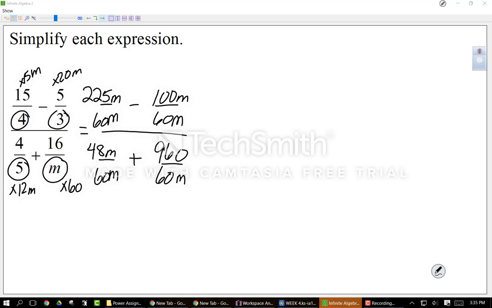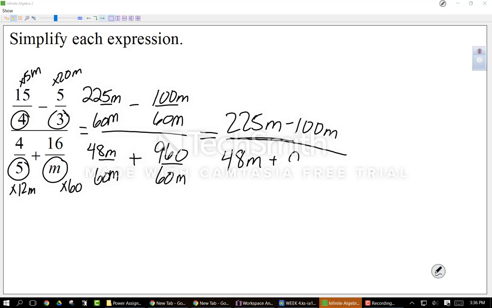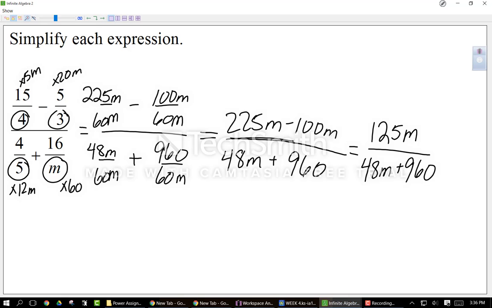Now my denominators are all the same, so I get 225m minus 100m over 48m plus 960. Combined terms up top, I get 125m over 48m plus 960. Try to factor out the numerator, the denominator, stuff like that.